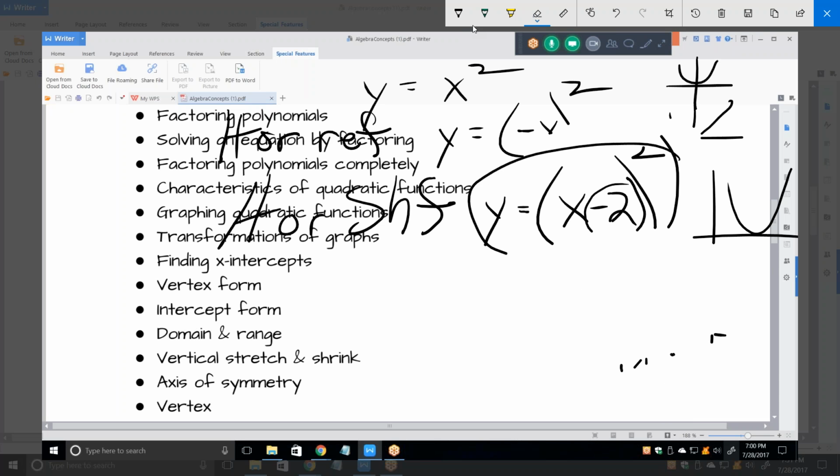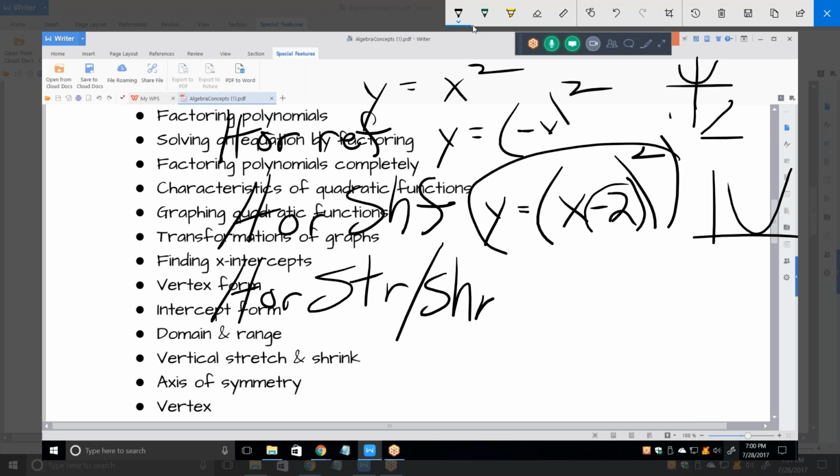Now, there's only one transformation left that we haven't talked about, and that's a horizontal stretch or shrink. And the way you would get that is by something like this. If I put the 2 inside the parentheses, what do you think that is?